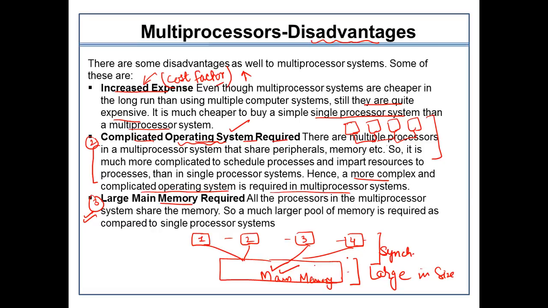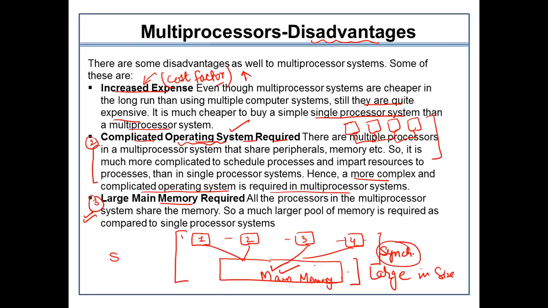So that is why, for all the processors in a multiprocessor shared memory system, you need a large main memory. Why so? Because we have learned that all the data and all the peripherals should be in synchronization and work together.